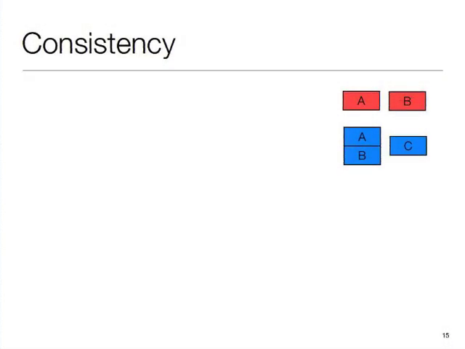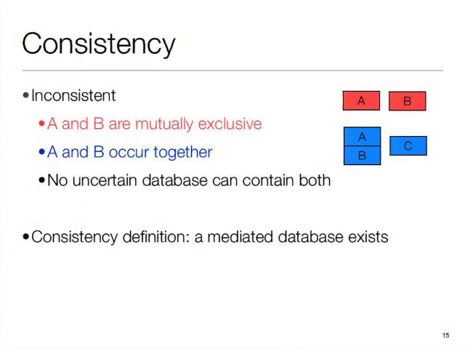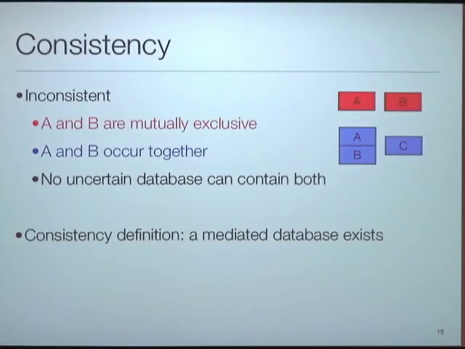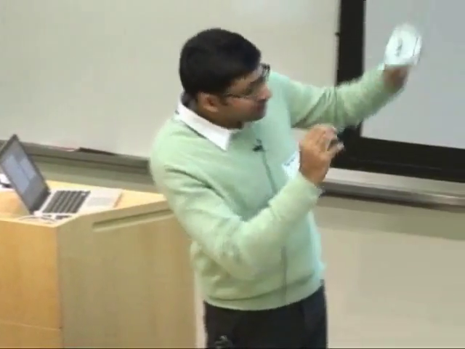So why couldn't I have a distribution over possible worlds? So every possible world in the mediated schema has to contain both of them? Is that the problem? No, so think of an uncertain database. If it has to contain information from the red database, it has to say things like, for the first possible world, it knows about A and B. So it has to have, according to the single possible world definition, that A exists and B does not exist.